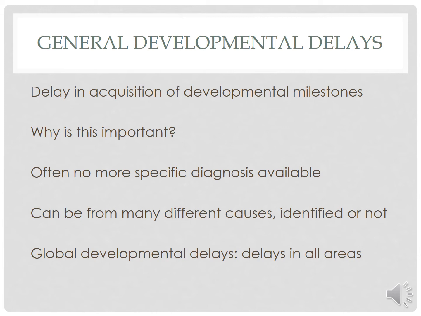Many times there is no more specific diagnosis than that. It just says developmental delay, global delay, something like that. We're not really sure what all those causes are, and they may be identified and they may not be. But in a large way, it doesn't matter to us. In a very large way, we're looking at the child in front of us.